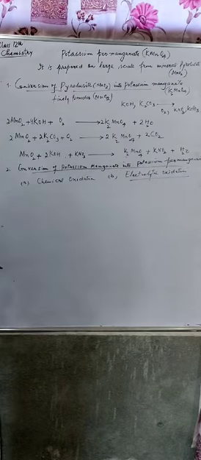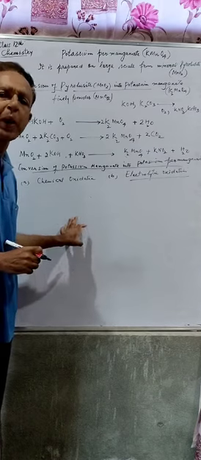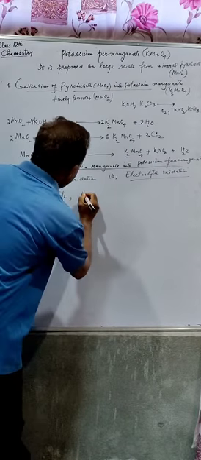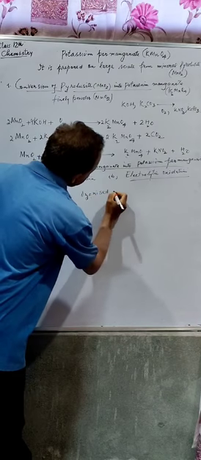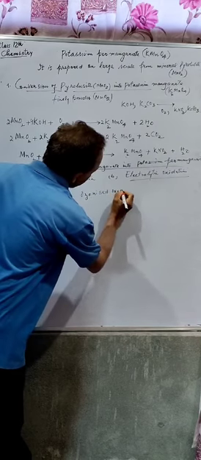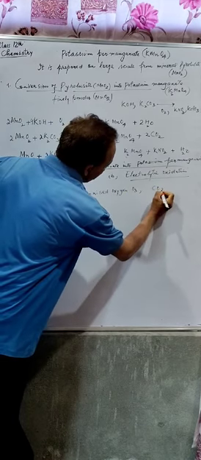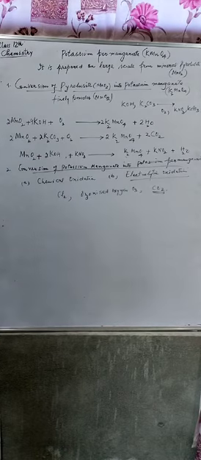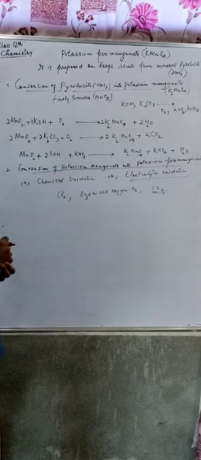After filtration, the solution is bubbled with either chlorine, or ozonized oxygen, that is O3, or carbon dioxide, so as to get the potassium permanganate.